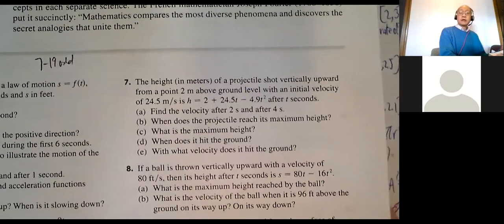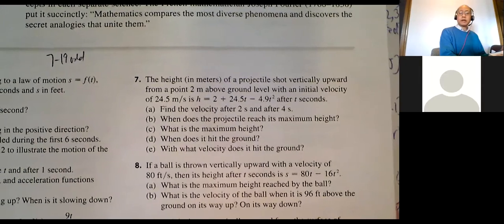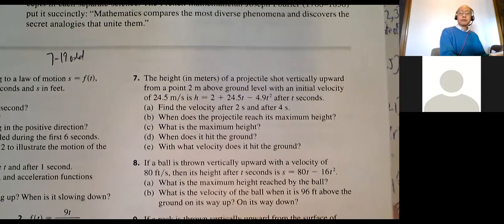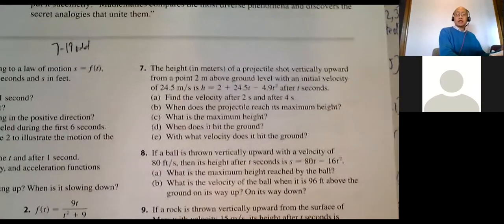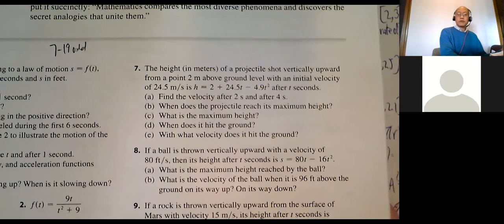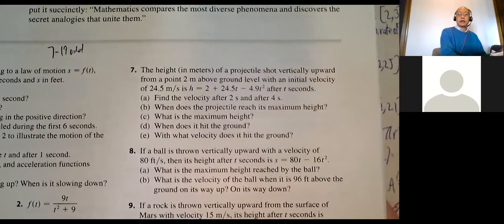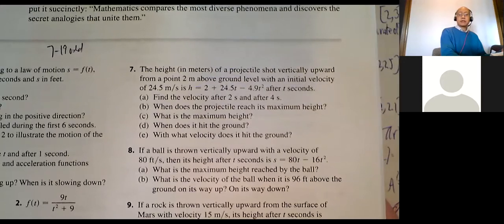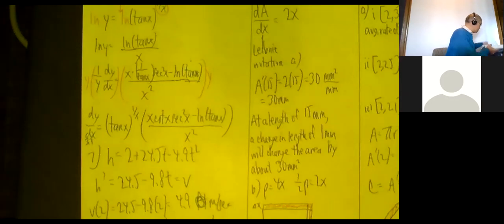The height of a projectile, just jump straight to the formula. H is 2 plus 24.5t minus 4.9t squared. A, velocity. Velocity means first derivative. Acceleration is second derivative. We know that. It also talks about maximum height and all those kinds of things. Let's see what we can do with that.